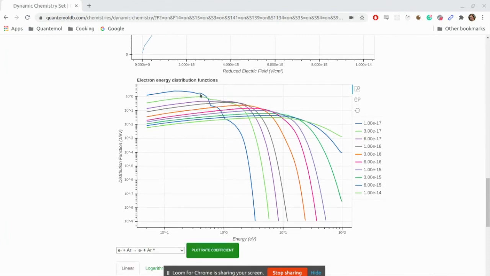So this interesting structure is related to resonances in the vibrational state of oxygen, but in general, these are smooth graphs, and that's what you should expect. If you have some kind of gaps or see low energy electrons, sudden peaks, some discontinuity, that suggests that maybe something is wrong. And if you cannot identify what it is, please contact us.